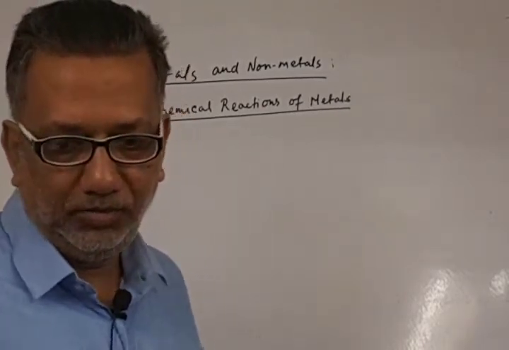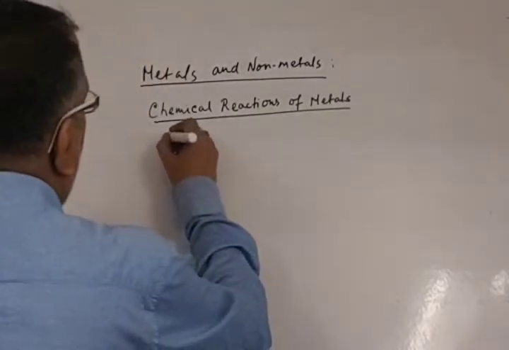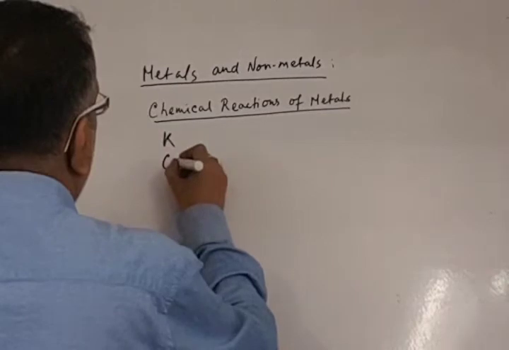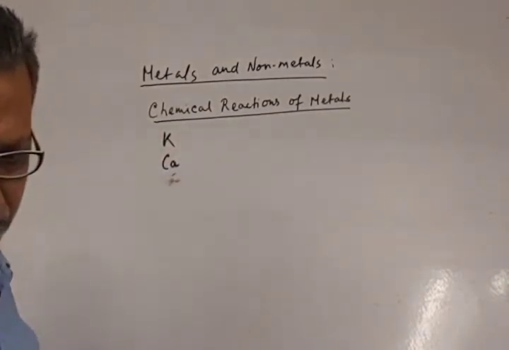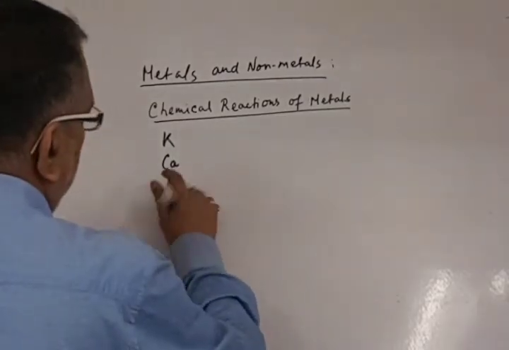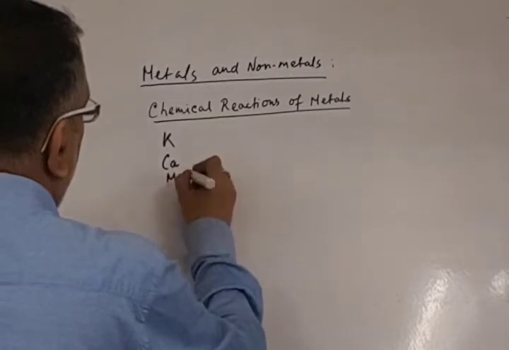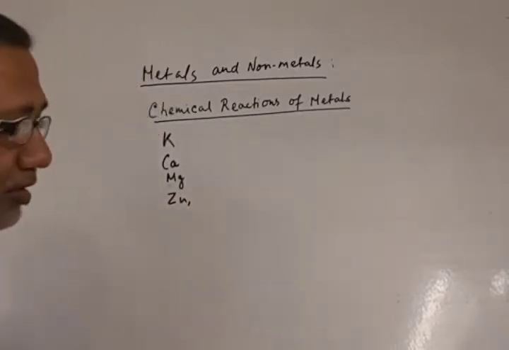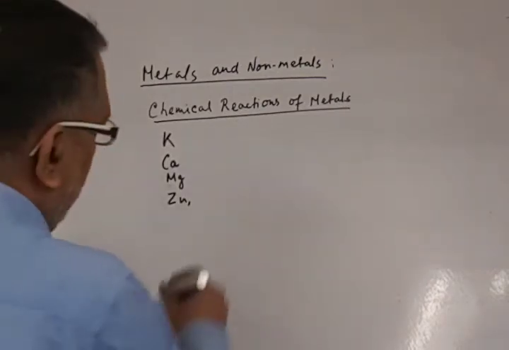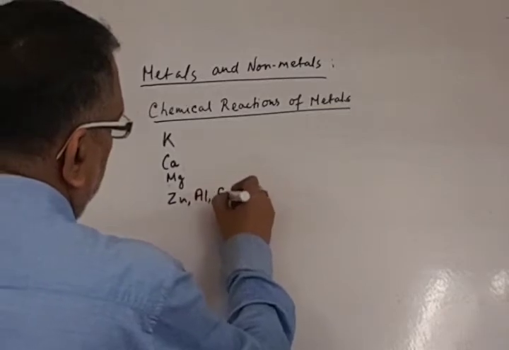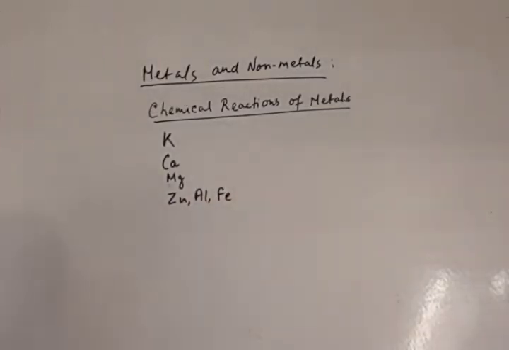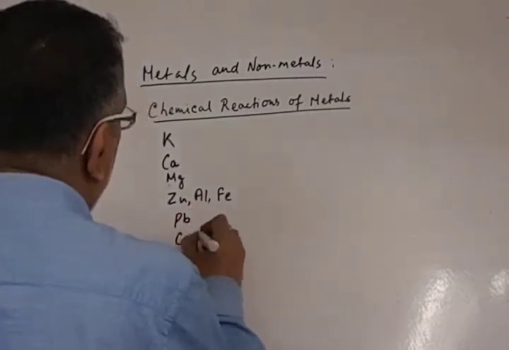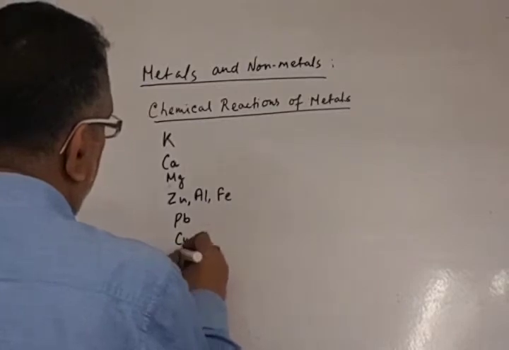In this series we have potassium, calcium, magnesium, zinc, aluminium, iron, and next lead, copper, and Au, Ag.